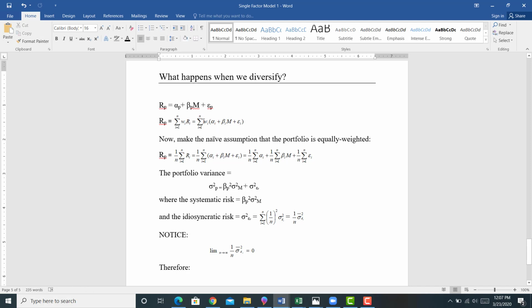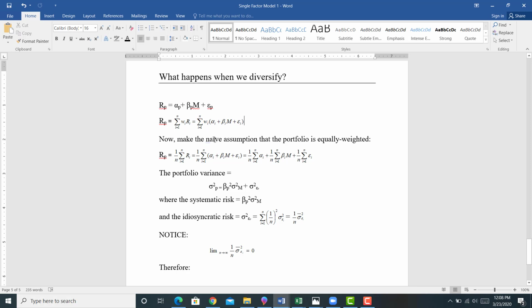And on the right-hand side of this equation, we have the weights of each alpha plus the weights of each beta times the systematic risk event, plus the weights of each individual error term. So all I'm doing is trying to identify what the returns of the portfolio might look like, but I want to look at this as individual assets.